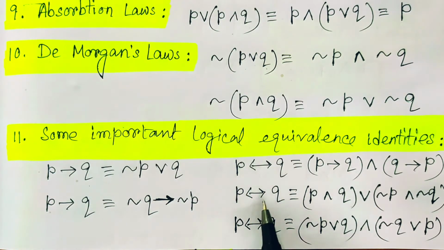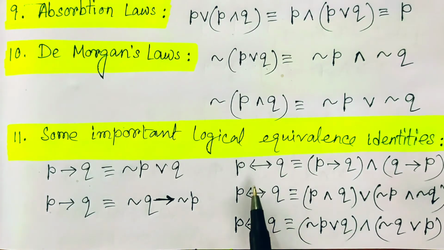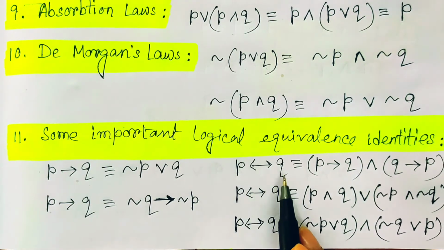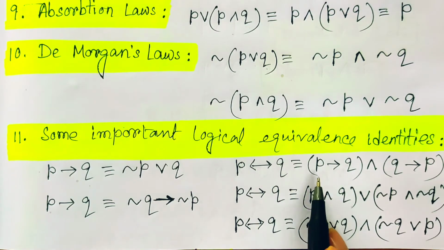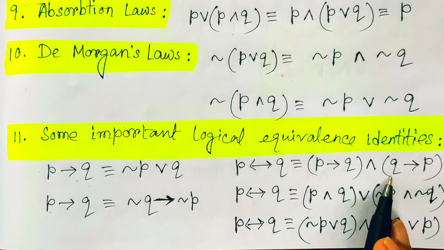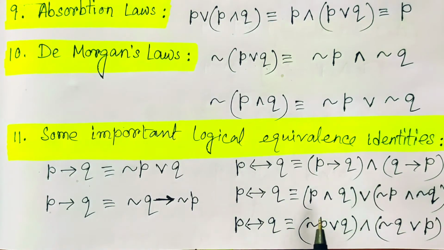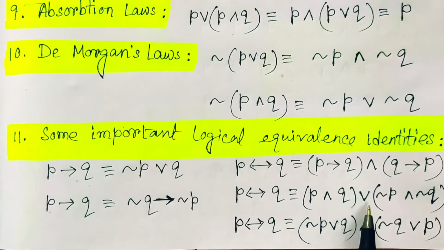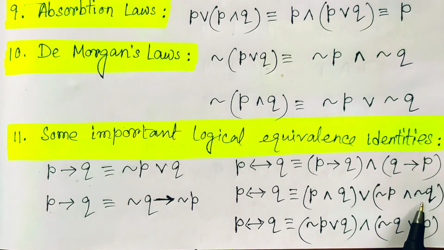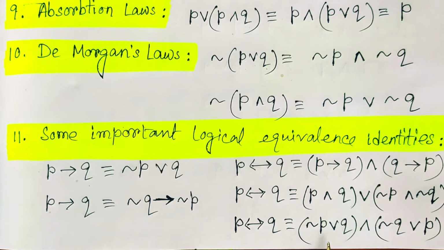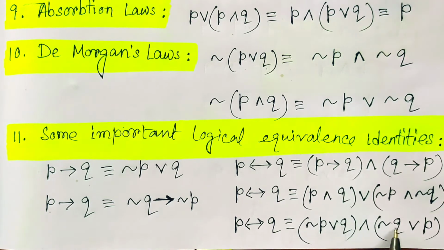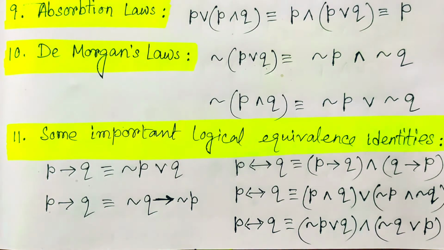Now if it is the biconditional, then P biconditional Q is equivalent to (P implies Q) and (Q implies P). Otherwise we can express it as (P and Q) or (not P and not Q). It can again be expressed as (not P or Q) and (not Q or P). So these are the various properties which you should know as formulas. We should use these properties in the proof of logical equivalence.